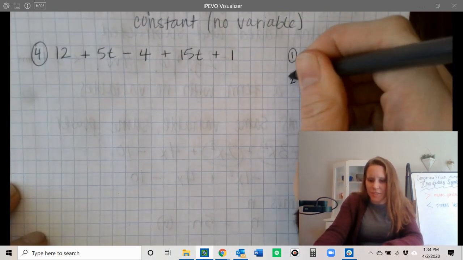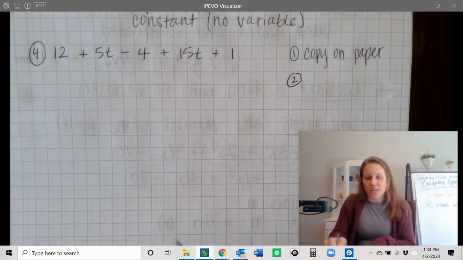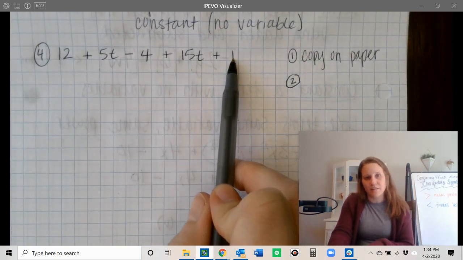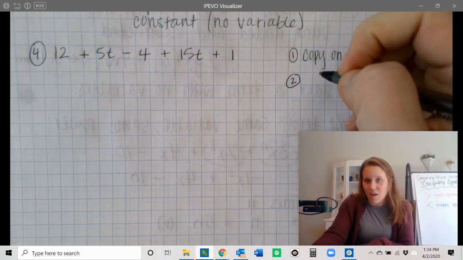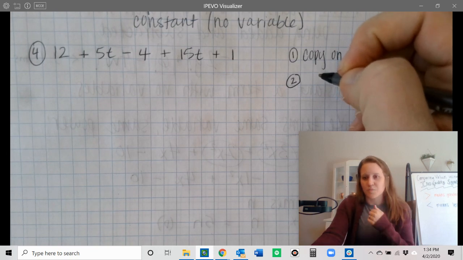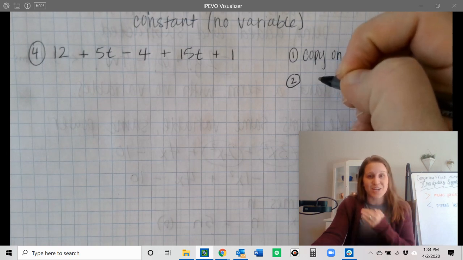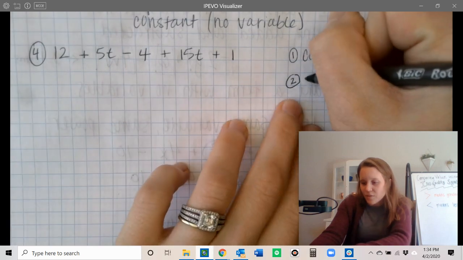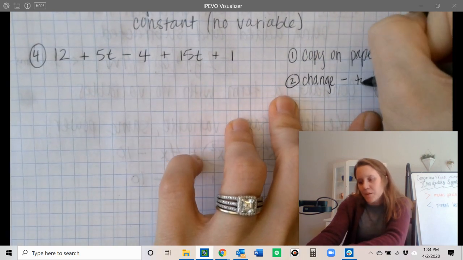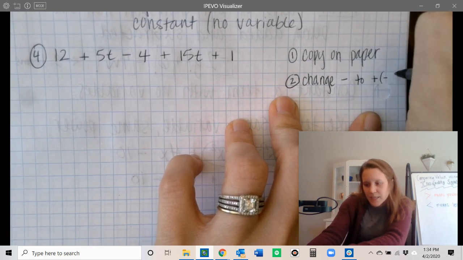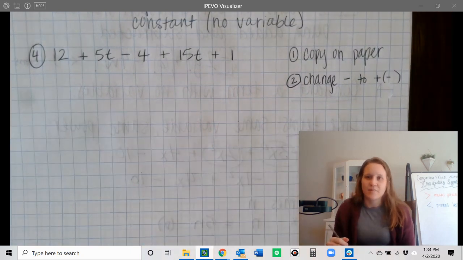The second thing I'm going to do is I'm going to actually change all of the subtraction into addition of the opposite, so plus a negative, okay? We call that add the opposite, or we call it change subtraction to addition, or we say keep, change, change, okay? So I'm going to write change, I'm just going to put a minus, 2 plus a negative, okay?